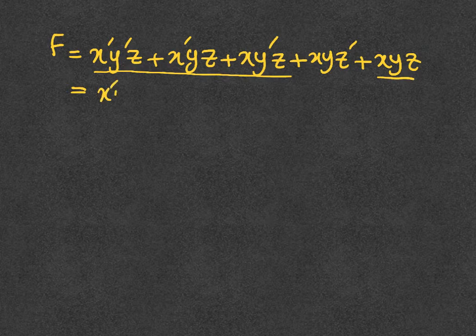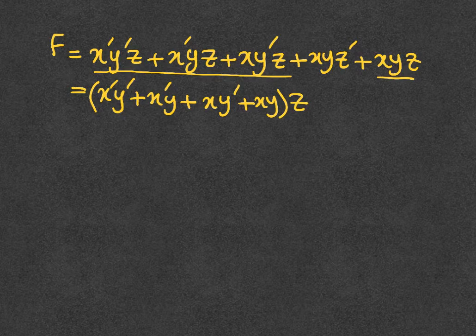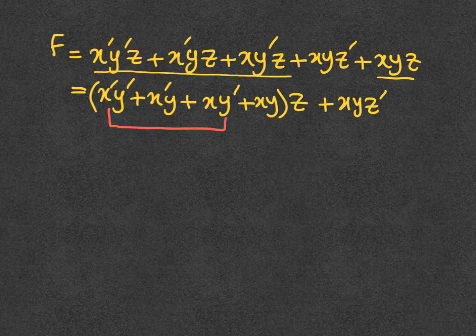So you get x prime y prime plus x prime y plus x y prime plus xy. So I factorize z from all these terms, and then we have x, y, z prime. And then you can see that from these two, you can just factorize y prime. You get y prime times x plus x prime.